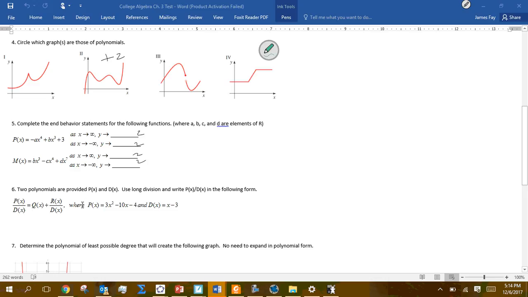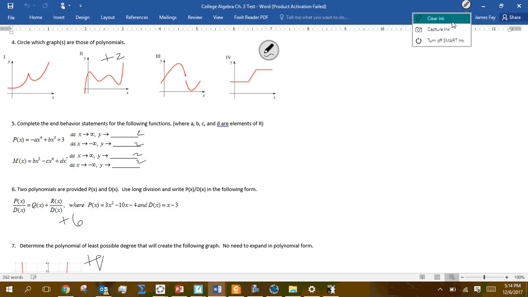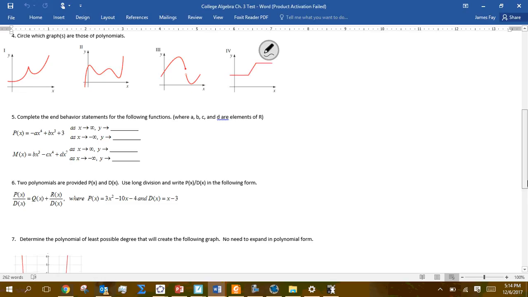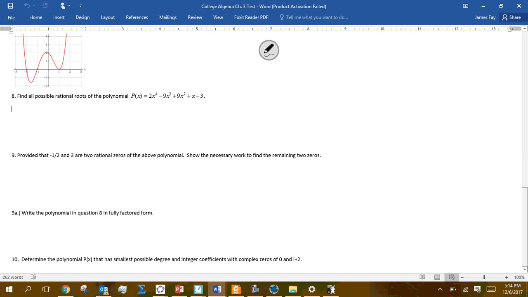Question 6 then on the second page, I let this be 6 points. Question 7 was 8 points. Question 8 was also 8 points. 9A was 8 points. And 10 was 8 points. If you count those up, I believe that's a total of 80 points.